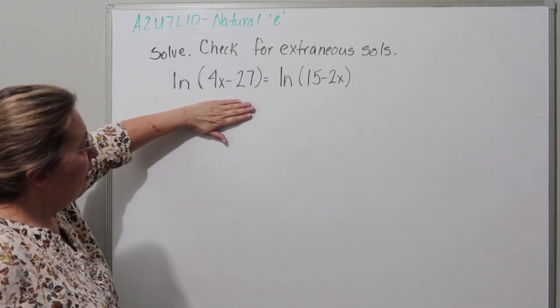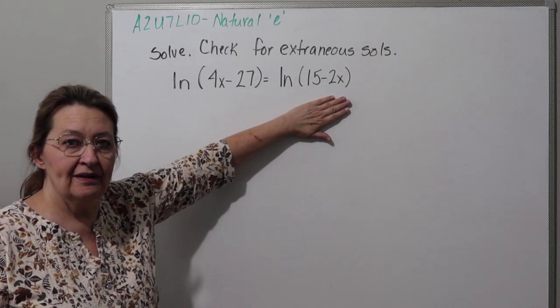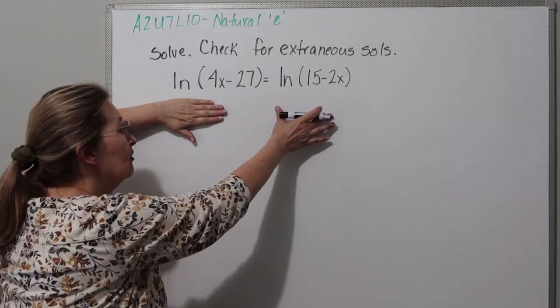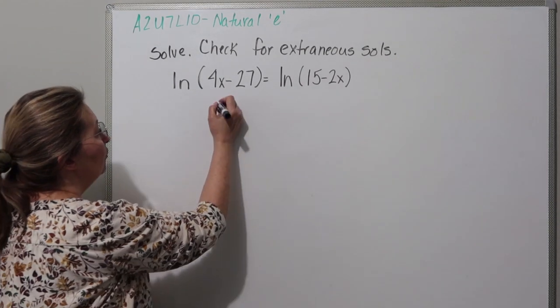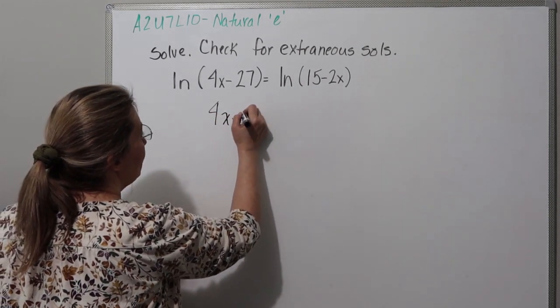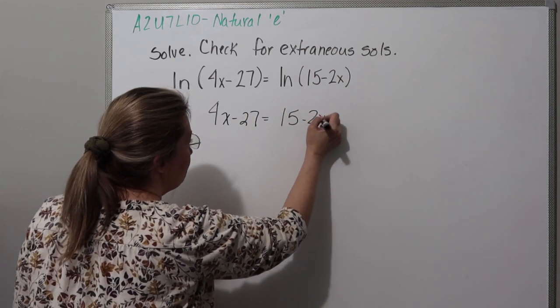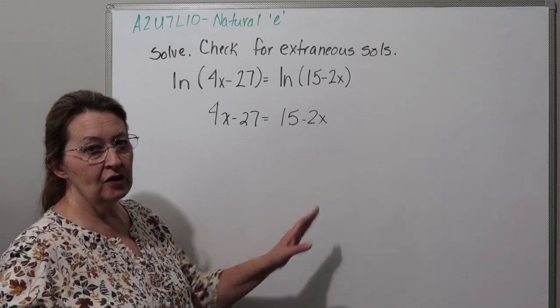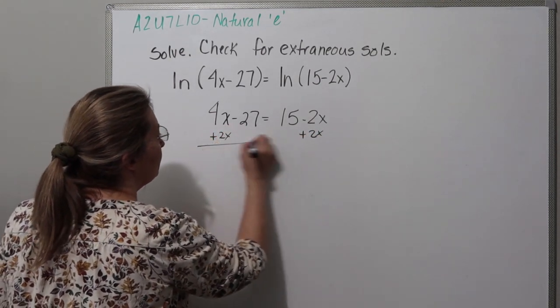This is natural log 4x minus 27 equals natural log 15 minus 2x. Since we have a single log on each side, we can use the one-to-one property just like we did before, and we can restate this as 4x minus 27 equals 15 minus 2x. Simple linear equation now. Let's add 2x to each side.